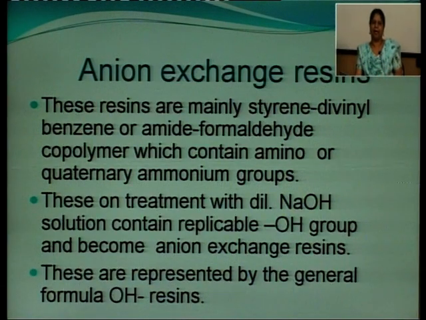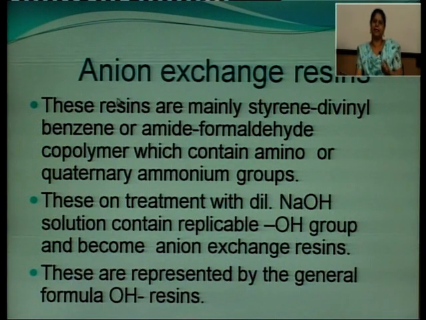As in the case of cation exchange resins, these are also styrene divinyl benzene or amide formaldehyde copolymers, but in this case they contain amino or quaternary ammonium groups. Now, these groups on treatment with dilute sodium hydroxide contain replaceable hydroxyl groups and become anion exchange resins.